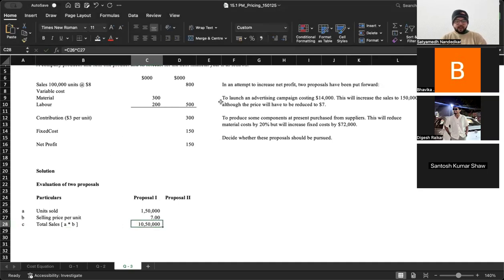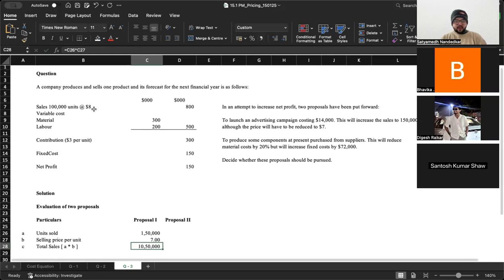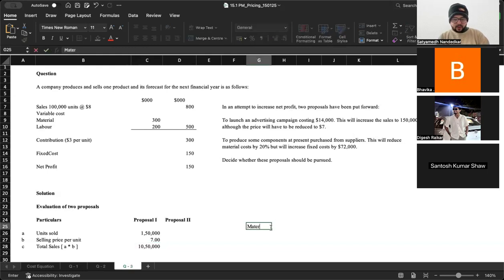Now, यहाँ पे if you observe, how many units are produced? 1 lakh units are produced. Material cost is 3 lakh. So, on the basis of question data, ठीक है, material cost per unit is 3 lakh upon 1 lakh, that is 3 per unit.